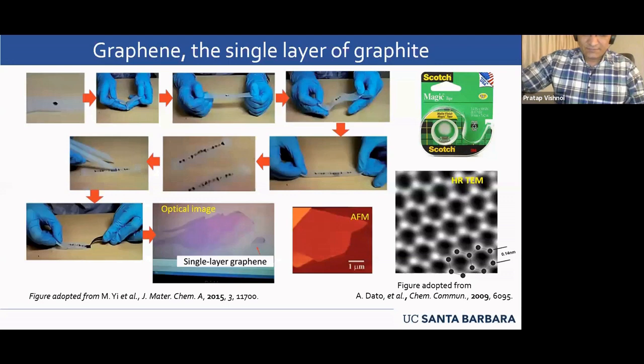So what you do is take 10 to 15 centimeter long sellotape, put a graphite piece at the bottom, and then press it like this. It's shown in picture 2.